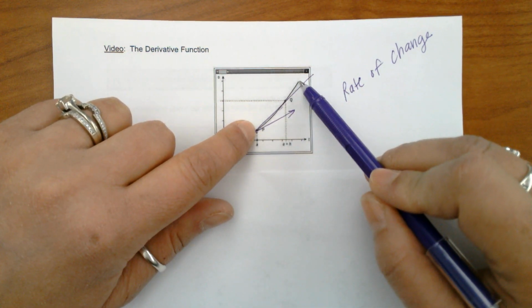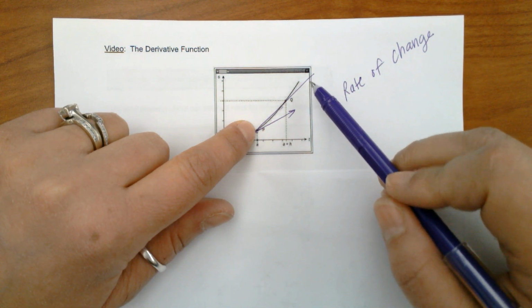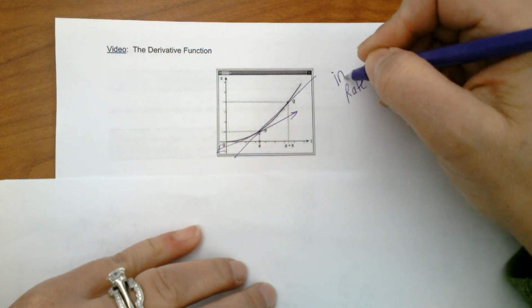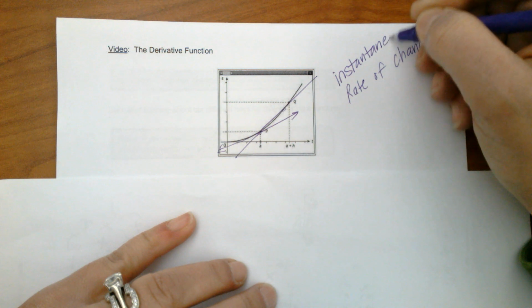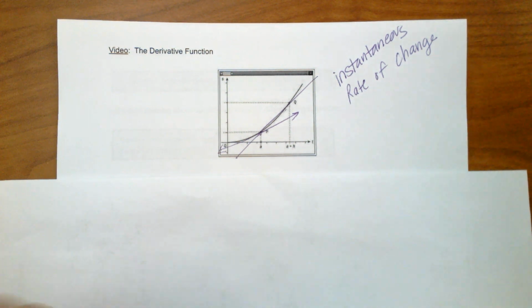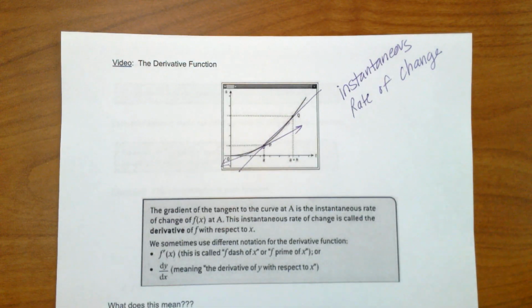Because they're all different, we're going to have to choose a point. All right, now at this point, what is that instantaneous rate of change? Because it's really hard if you have different rates of change on a curve. So let's get to it.